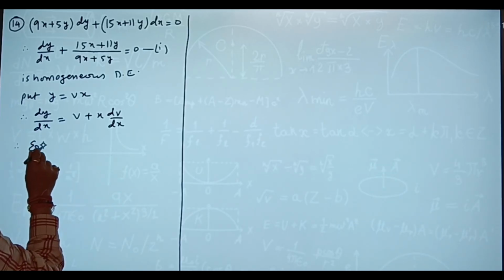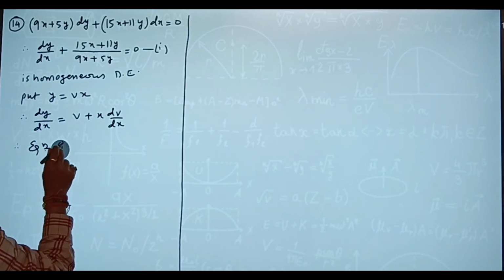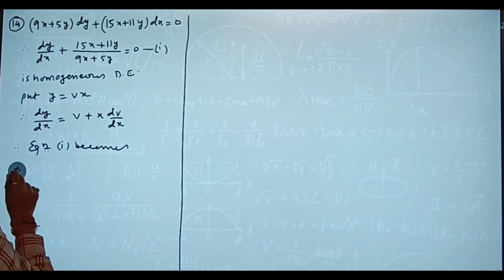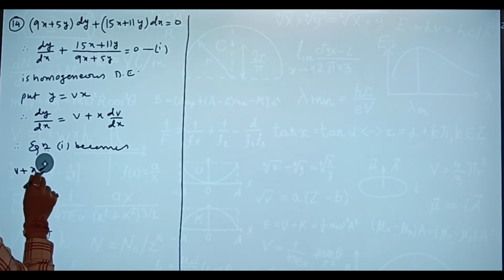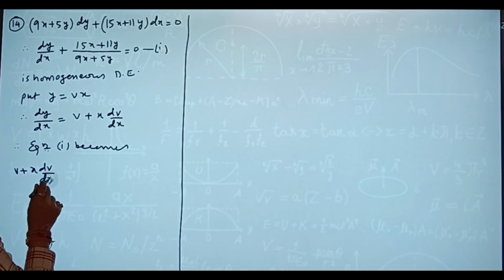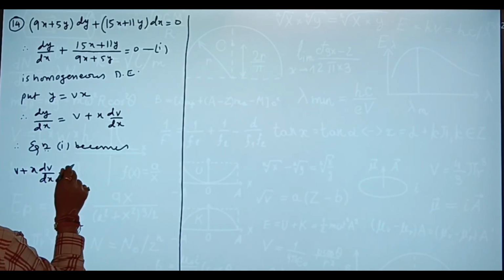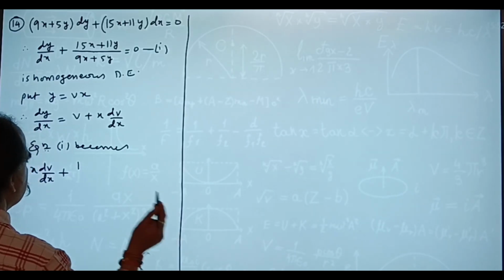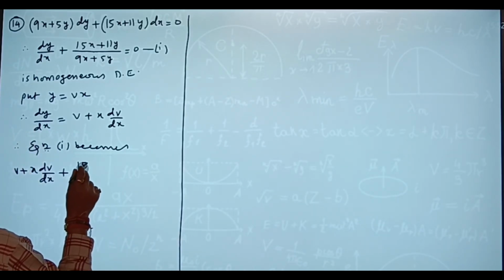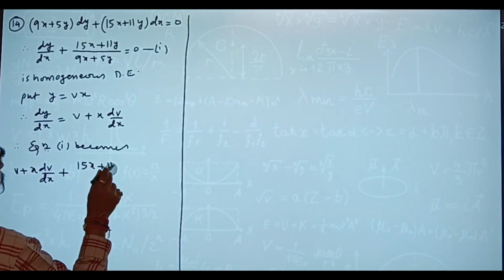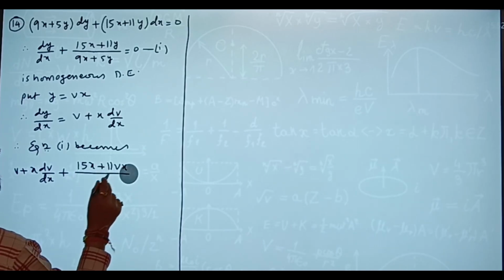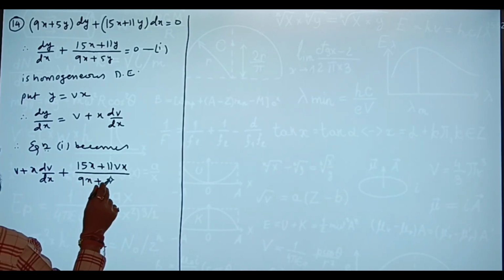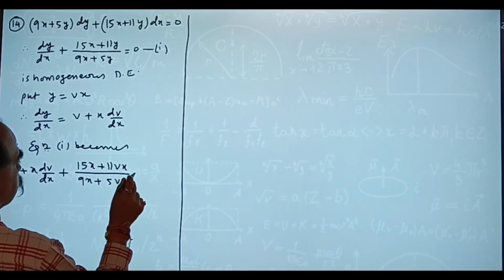Therefore, equation 1 becomes v plus x dv by dx plus 15x plus 11vx upon 9x plus 5vx.